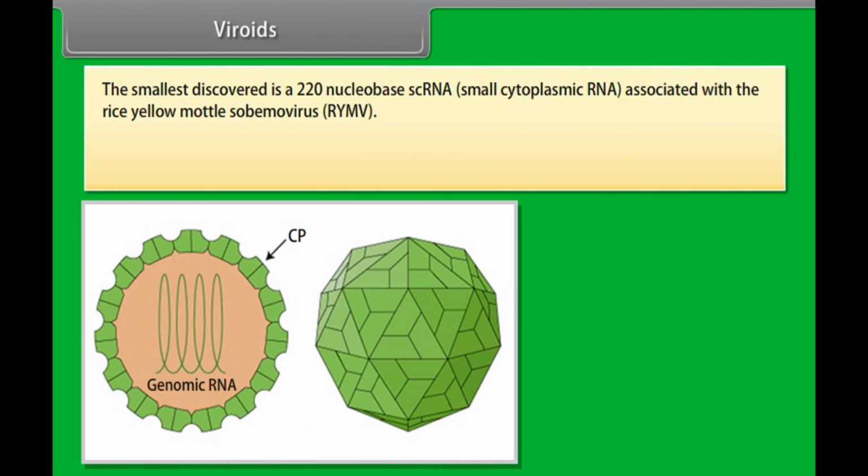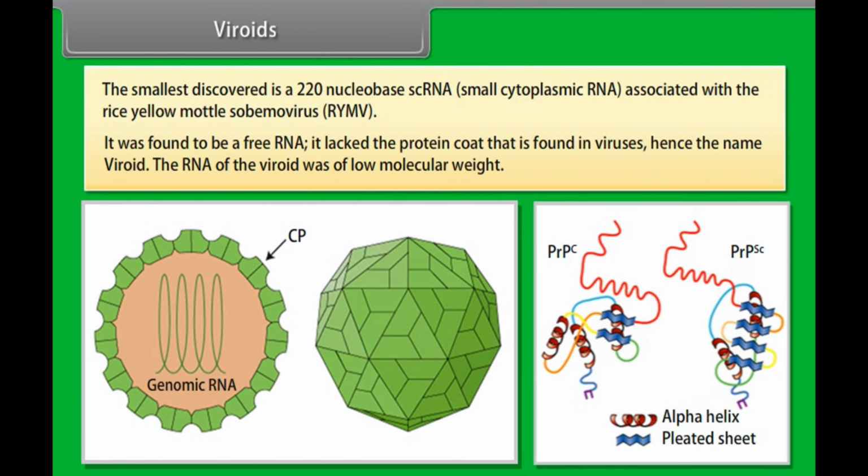The smallest discovered is a 220 nucleobase small cytoplasmic RNA, associated with the rice yellow mottle sobemovirus, that is, RYMV. It was found to be a free RNA. It lacked the protein coat that is found in viruses, hence the name viroid. The RNA of the viroid was of low molecular weight.